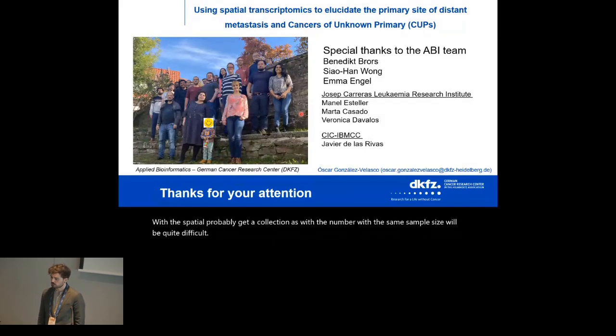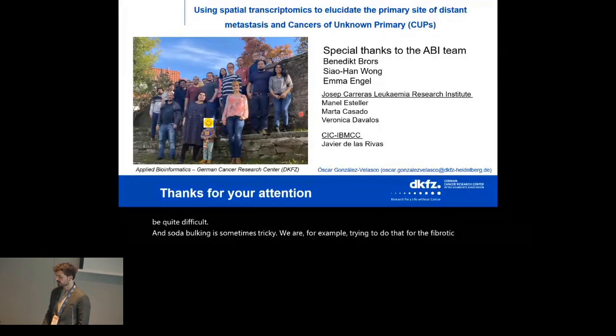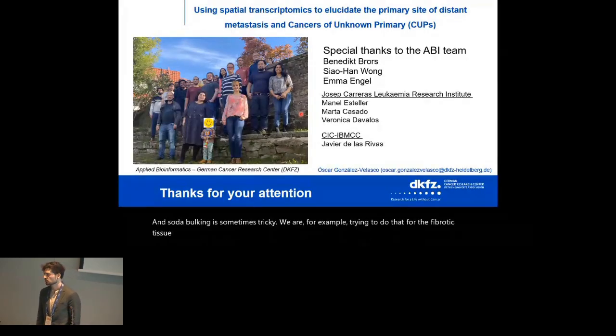And pseudo bulking is sometimes tricky. We are, for example, trying to do that for the fibrotic tissue, and it's not working 100%. So pseudo bulking is usually a little bit tricky for this model. It might work, but I would not use only pseudo bulking from spatial. Maybe a mix of both.